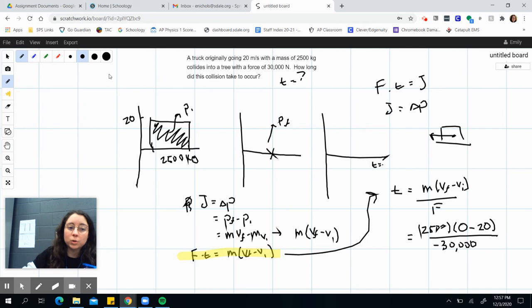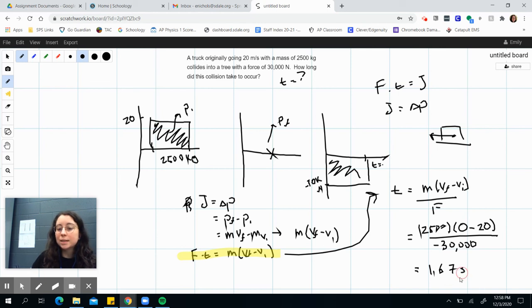That's going to make much more sense. So this is going to be negative 30,000 newtons. And that's going to give me a value of 1.67, it's 1.666 repeating, seconds. So fast, but really not as fast as you think it would be.